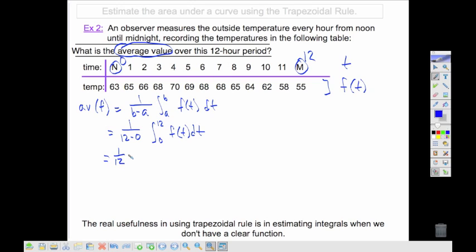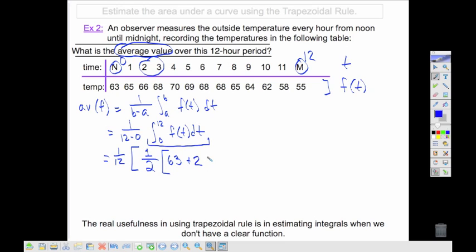So first of all, I have the 1 over 12. That has nothing to do with my trapezoidal rule. This is where the trapezoidal rule comes in. So first of all, we have the width of our interval divided by 2. Now each of these intervals is 1 hour, so our delta x will be 1. Our first time is 63, and that first trapezoid we use 63 and 65.